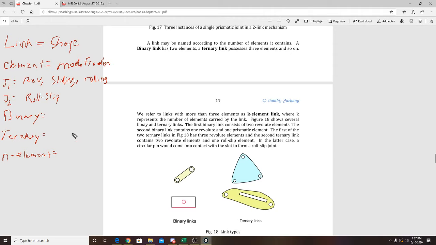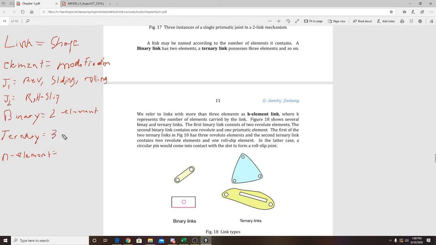And then we have binary, ternary, and n element. Someone besides Jackson, answer what that is. What are those things? Binary, 2 elements, correct. A 2 element what though? Link, correct. 2 element link.